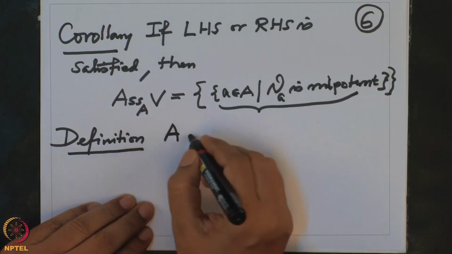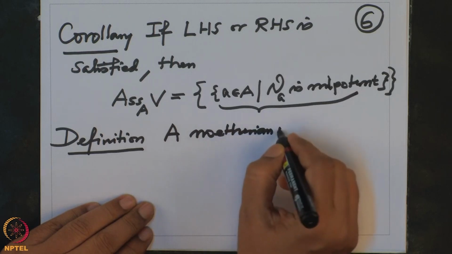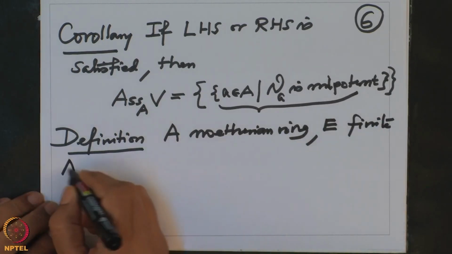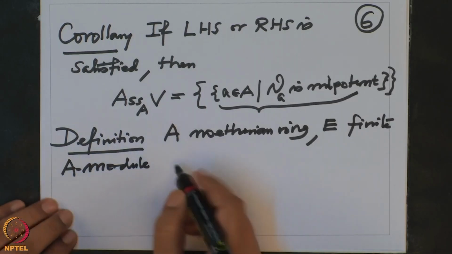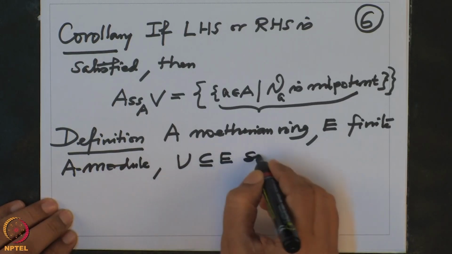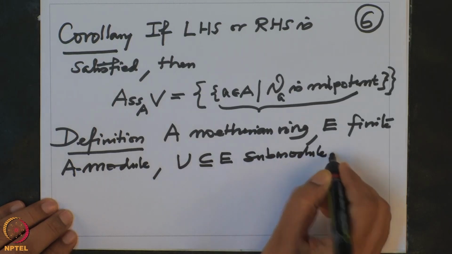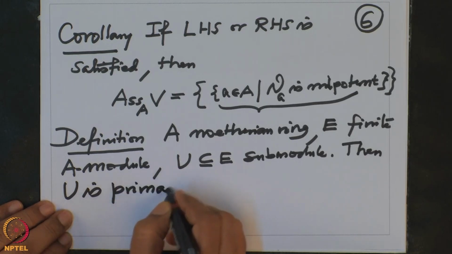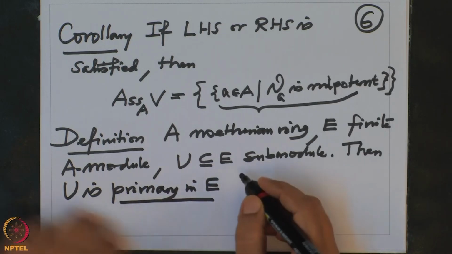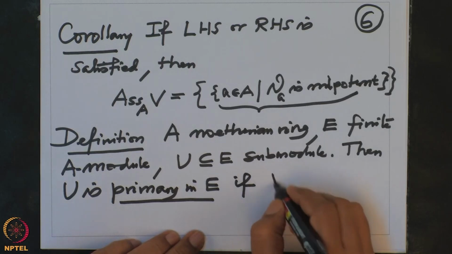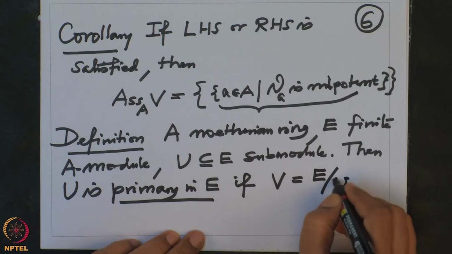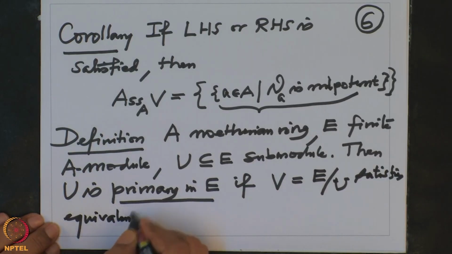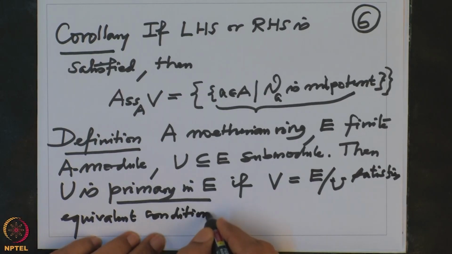A is a Noetherian ring, and E is a finite A-module, and U is a submodule of E. Then U is primary in E if the module V, which is the residue class module E by U, satisfies the equivalent conditions of the above lemma.